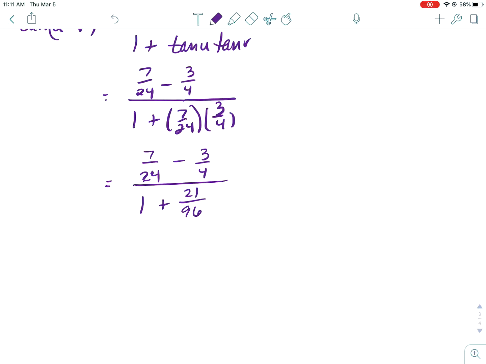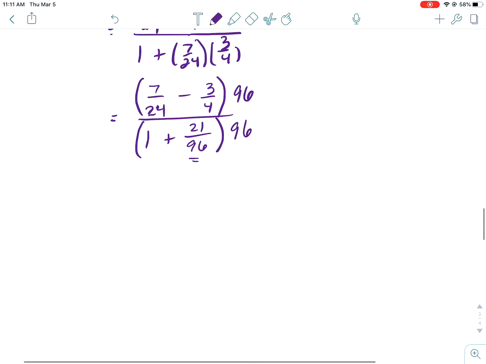So obviously 24 goes evenly into 96, and so does 4. So what I can do is just multiply everything by 96, and that's going to take care of all of our fractions. I promise it will. So whatever denominator you end up with down here, multiply by it, and it will take care of every fraction.